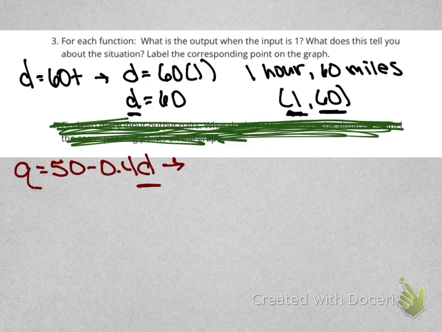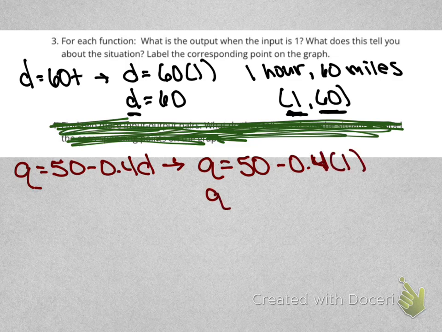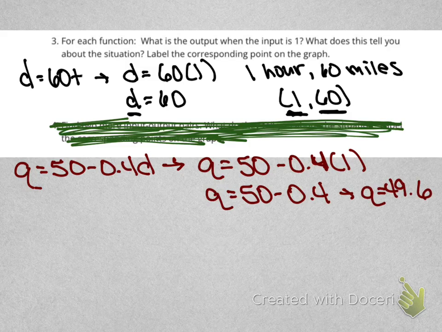So this becomes Q equals 50 minus 0.4 times 1, which becomes Q equals 50 minus 0.4, which means Q is going to equal 49.6. So that's our y value.